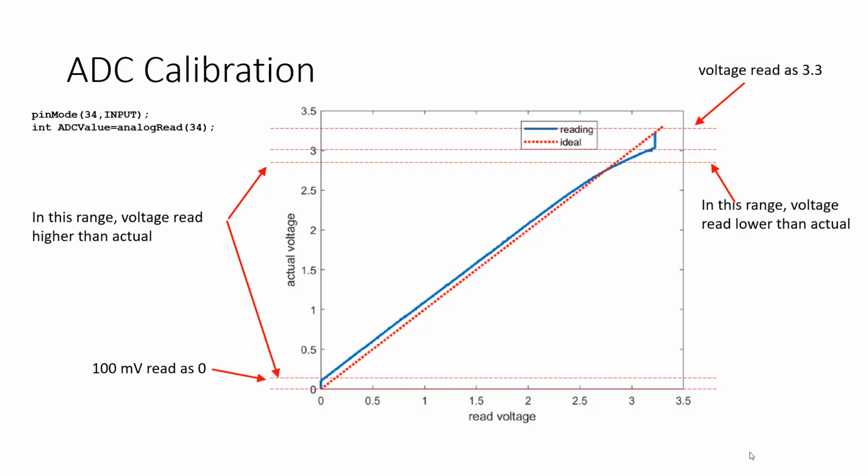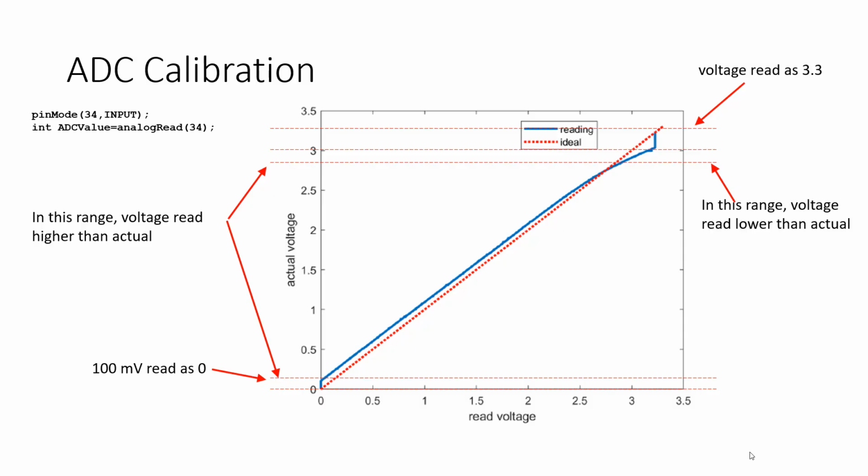So the idea is that if I plot the actual voltage versus the read voltage, and of course you could do it the other way around too, in the old chip, like I said, 100 millivolts was read as 0, and then between 100 millivolts and about 2.7 volts, the voltage that we were reading was lower than it actually was. But once you got above 2.7 volts, the voltage that you read was higher than the actual voltage.